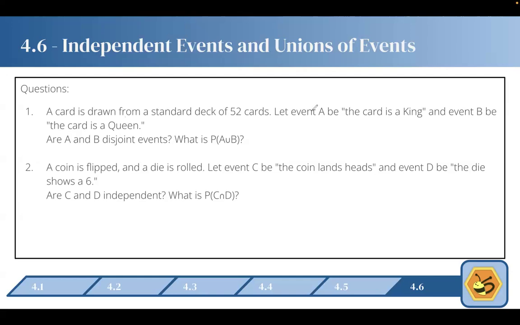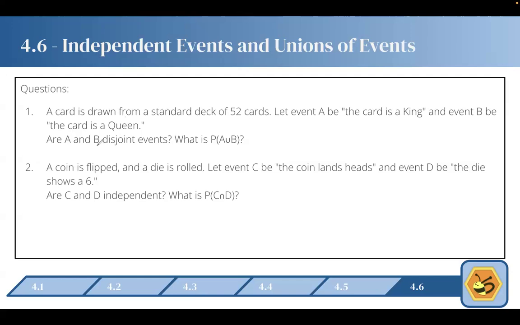So the card, there's either a king or a queen, right? First of all, I think almost everybody got this right. Are they disjoint events? Well, if you're pulling one card, you can't pull simultaneously a king and a queen, right?